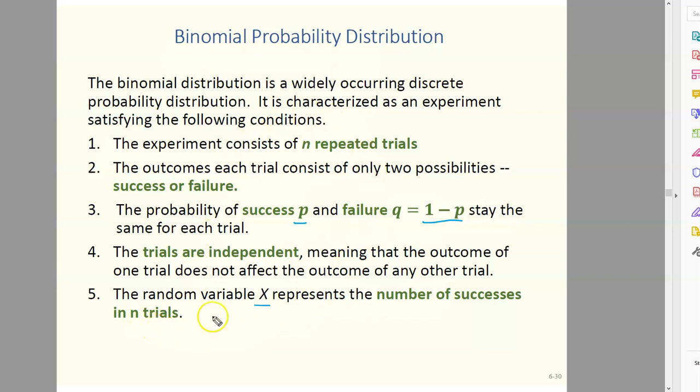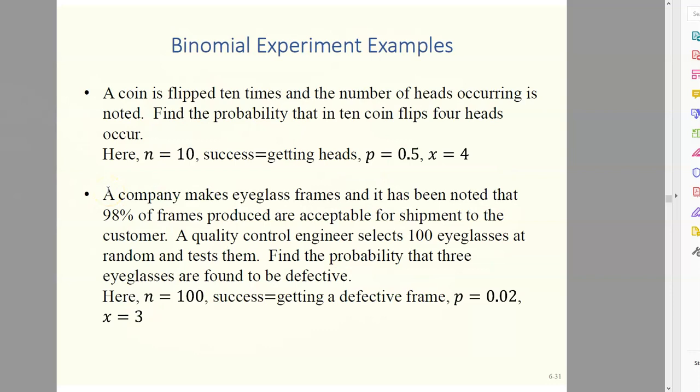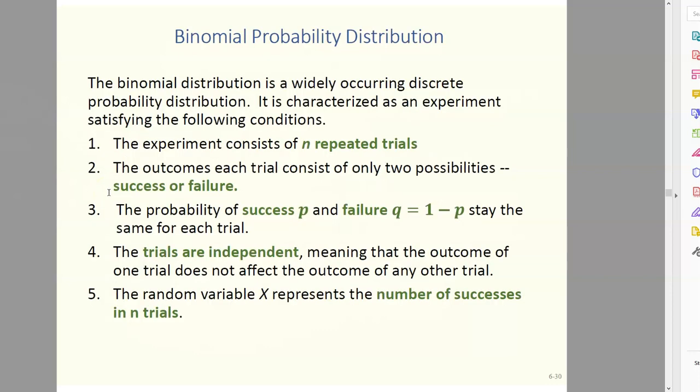So that's what a binomial experiment is. These conditions define a binomial experiment. Now let's take a look at the binomial formula. Now let's take a look at a few examples illustrating these conditions.